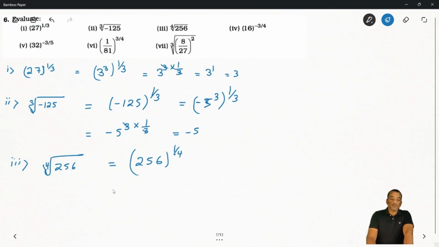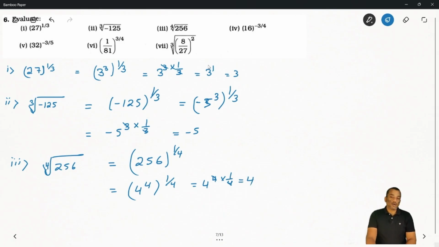Now you can know what 4 to the power 4 is: 4 to power 2 is 16, 16 to power 2 is 256. So 4 to the power 4 times 1 by 4. That is cancelled, so you will get 4.